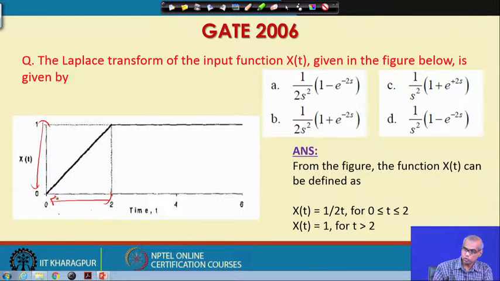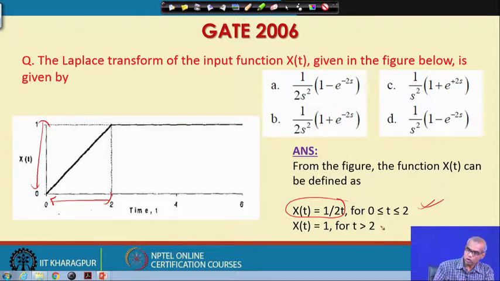So, x t equal to half t for the range t greater or equal to 0 to t less or equal to 2. So, as long as t is between 0 to 2, x t equal to half t, and then for t greater than 2, x t is parallel to x axis and the value is x t equal to 1.